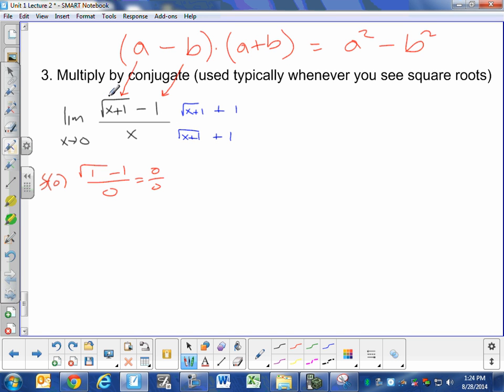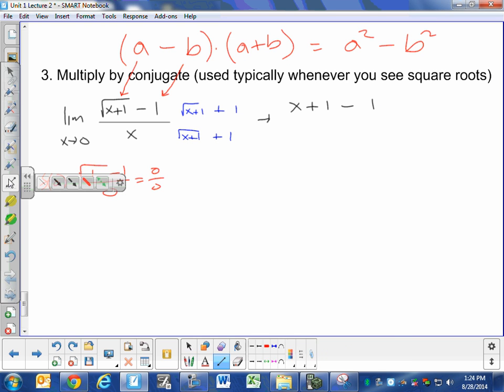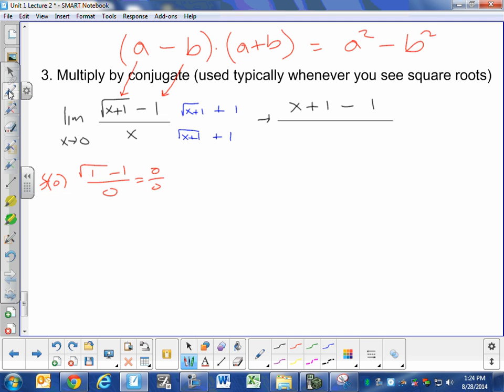That will give me this a squared minus this b squared. Well, you square a square root, they're inverses of each other. You will just get rid of the square root, and you'll just have x plus 1. The b squared is 1, so a squared minus b squared. Now in the denominator, you might think, hey, let me just distribute that x, and I'll have x root x plus 1 plus x, but that's actually going to hurt you in the long run.